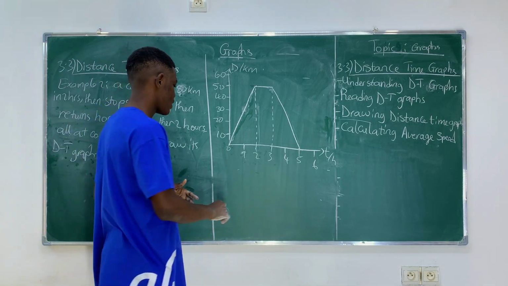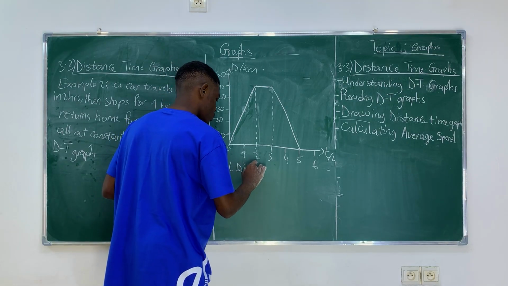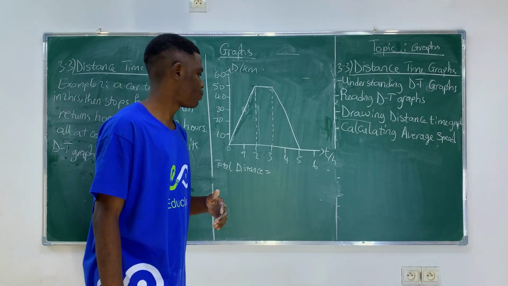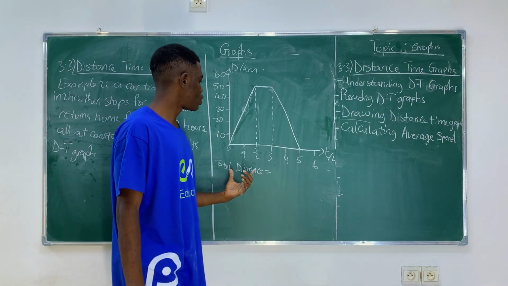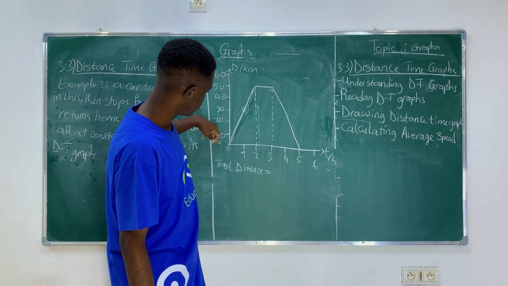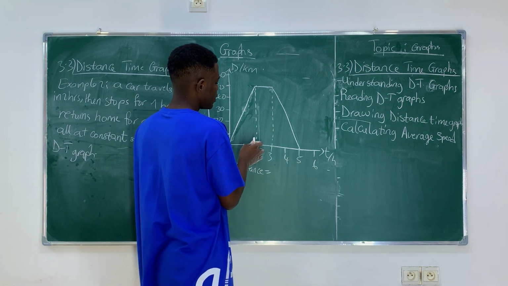Okay. Tell me, what is the total distance? The total distance is the distance from here to here. I traveled 50 kilometers in the first part.